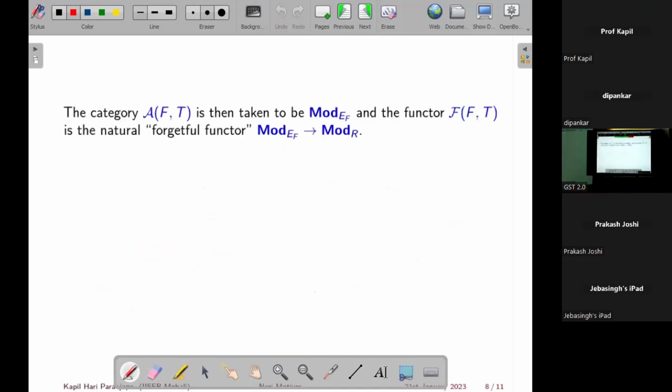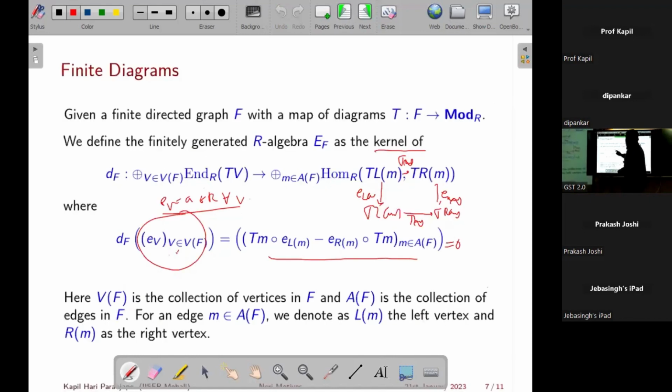And the category AFT for the finite diagram case is just the modules over EF and the functor. So finitely generated modules over EF. So first thing is to note that since R is Noetherian and this is a finite sum, therefore this is a Noetherian R module, and therefore this algebra A, which is Noetherian, is a finitely generated R module, and therefore it is also Noetherian.